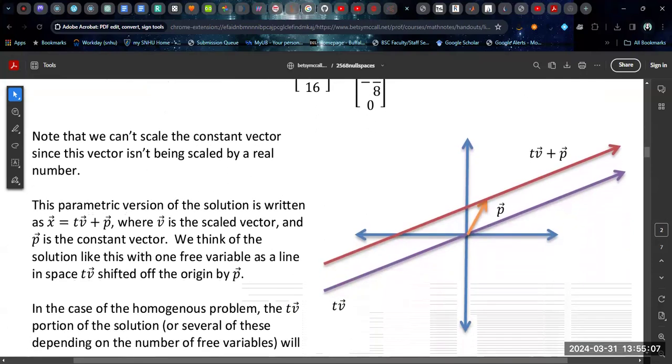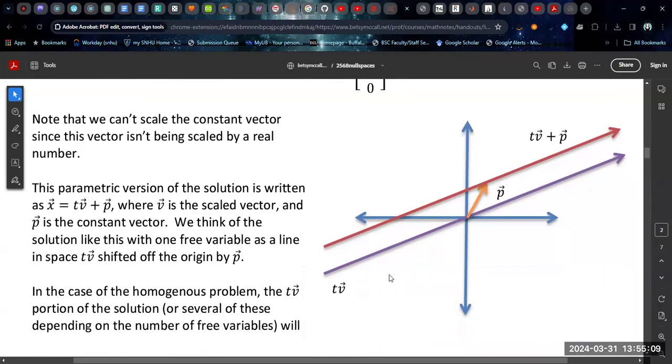Now, the idea here for the dependent solution is that a dependent solution where there are no constants will have to go through the origin, because all zeros is a possible solution to a homogeneous system.